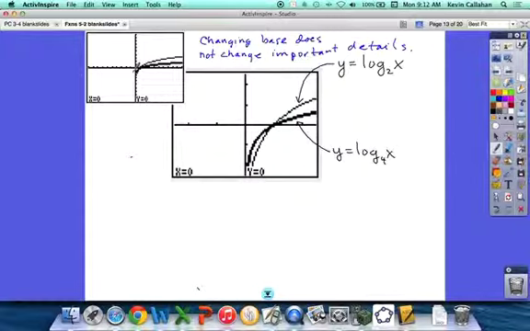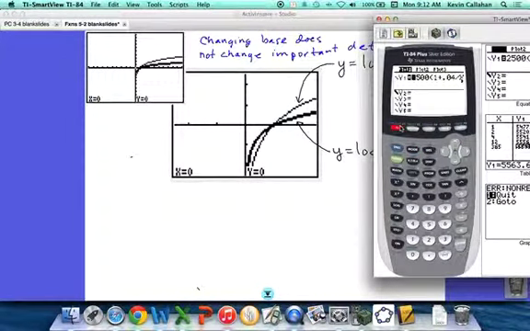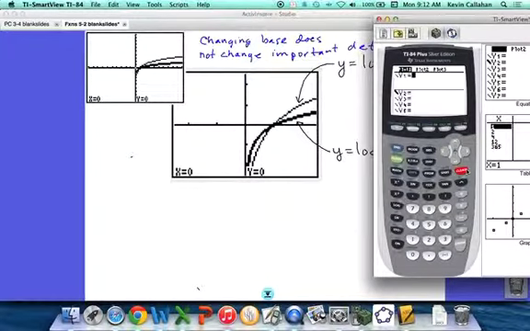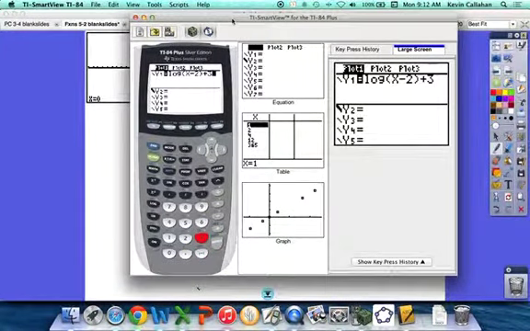I mean, if I put it out, let's say here, watch this, clear. Let's say I did a log of x minus 2, so it's going to shift it 2 to the right, and then I'm going to add 3. I'm going to hit graph.